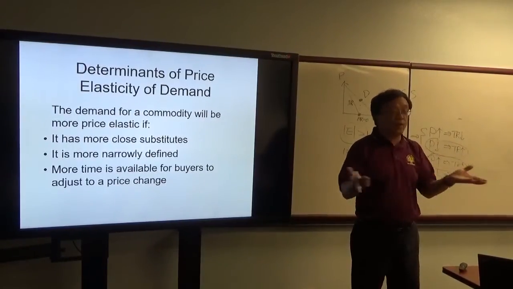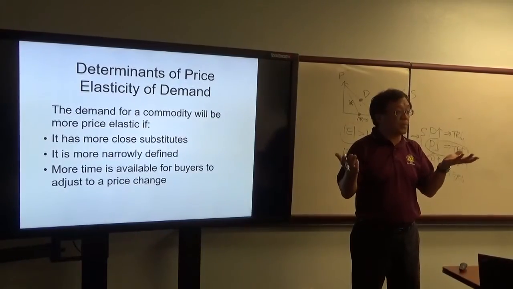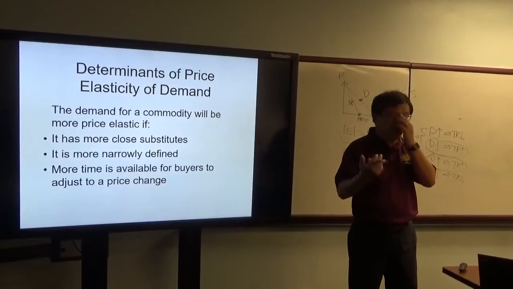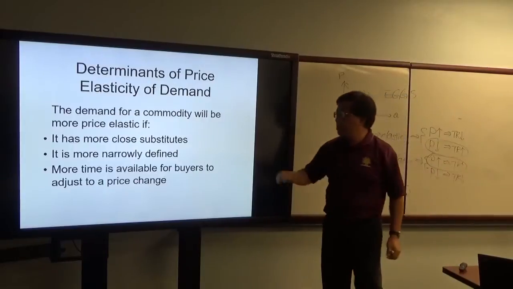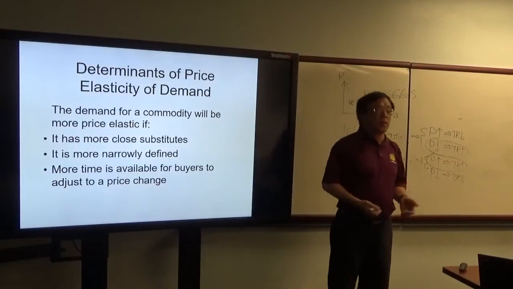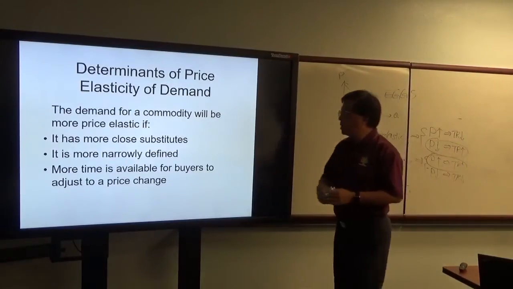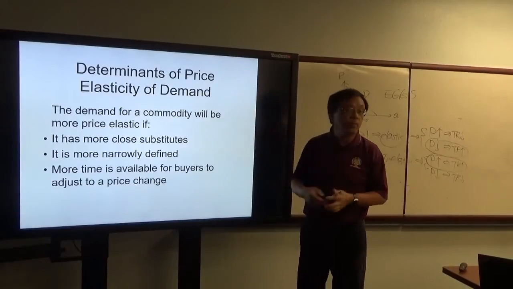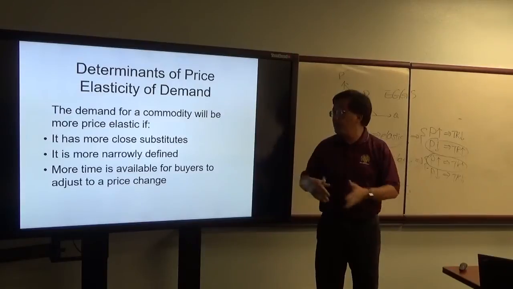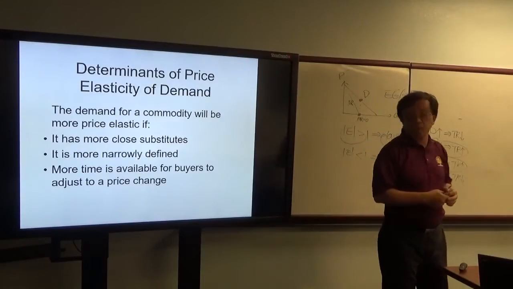But how about clothing? Do I have a substitute? Any substitute for clothing? In older Bible times, yes, we don't have to have clothes, right? But nowadays we have to have clothes, so there's no choice. So we should expect what? The more narrowly defined the product, the more elastic the demand tends to be, like blue jeans. But if it's relatively widely defined, like clothing, it's relatively inelastic.